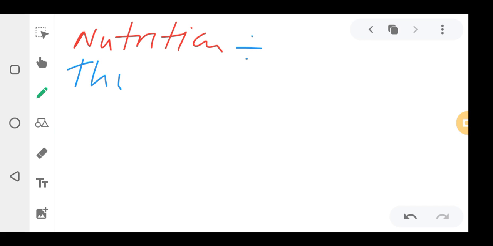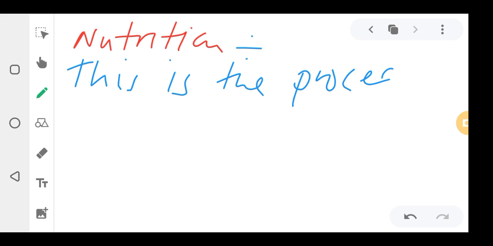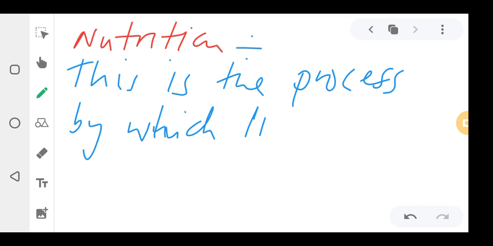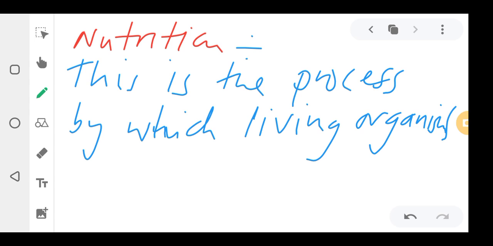This is the process by which living organisms obtain food.